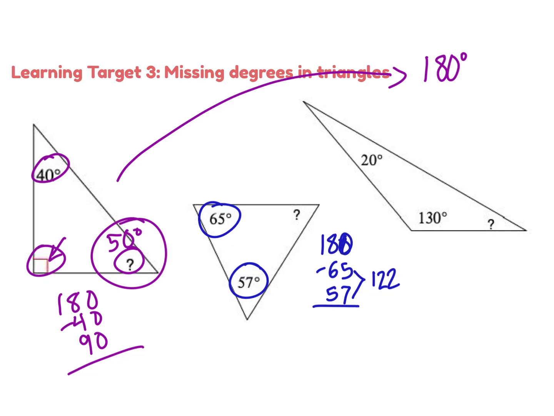That's a little bit easier for mental math. 180 minus 122 is 58, so 58 degrees. And then this one, I've got 180, take away 130, take away 20. So I'm taking away 150, which leaves me with 30 degrees for this corner.